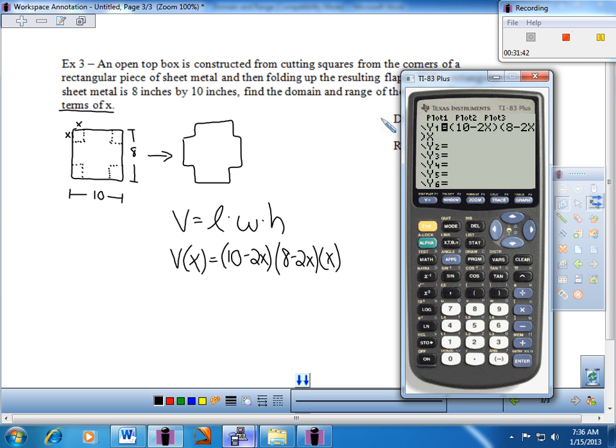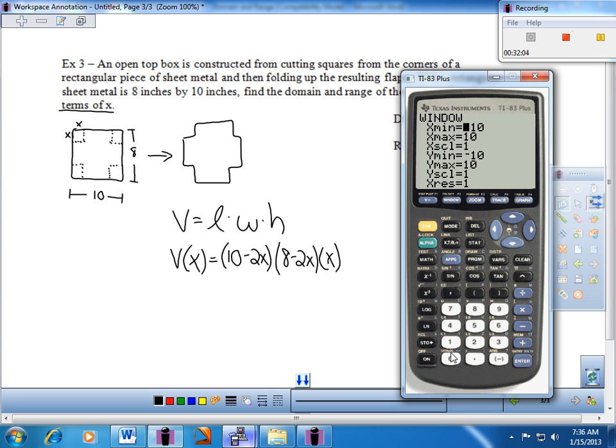Unfortunately, what I'm looking for is not just the basic mathematics for the domain and range, but a suitable domain and range for this application right over here. What makes sense with the problem, not what works in the context of just this function. Okay, well guys, hit window for me if you would.